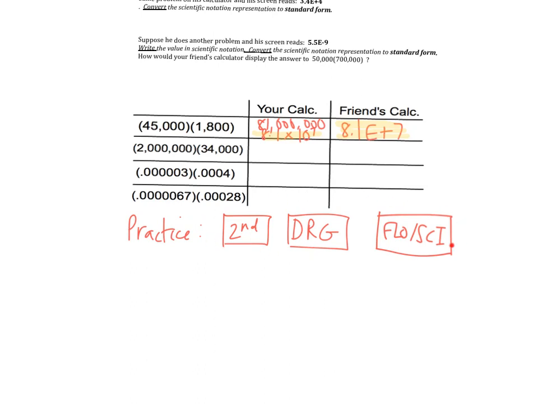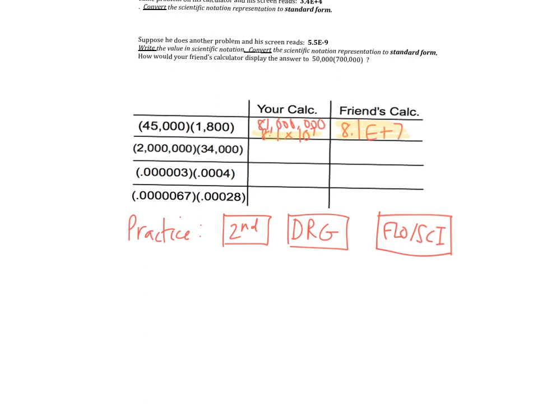When you have 81 million on your calculator, hit second in the upper left corner, hit DRG, which is directly to the right of second, and you're going to see three options there. You're going to see FLO, SCI, which is scientific, and the last one we don't worry about. Currently it's on FLO, but if you scroll over to the right and click enter when the lines are under SCI in the middle, it will convert your answer to scientific notation.